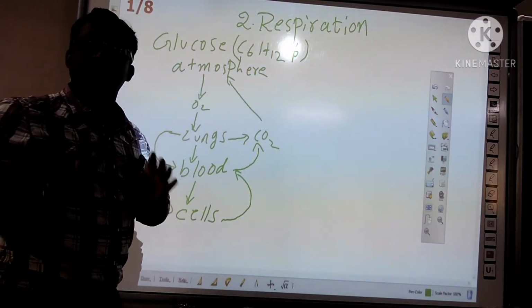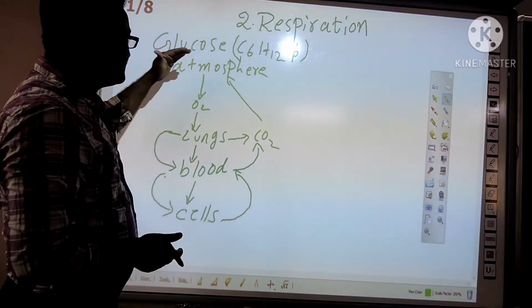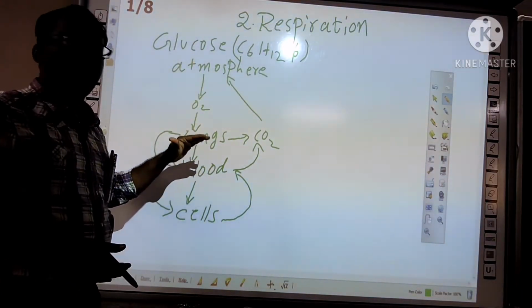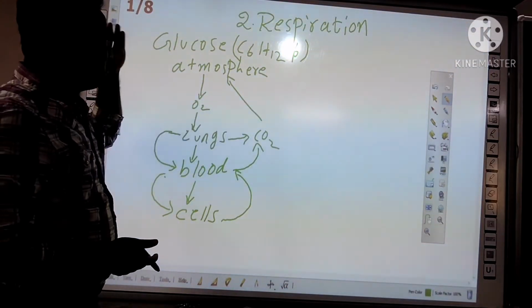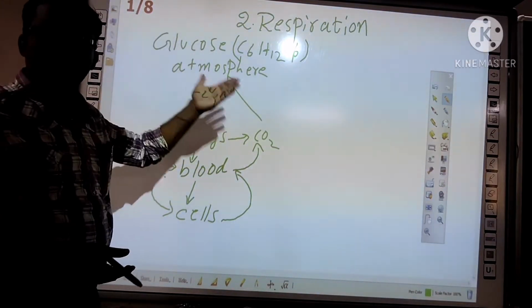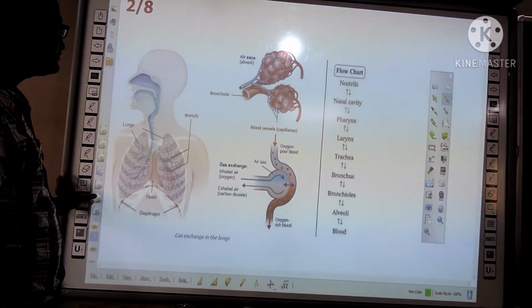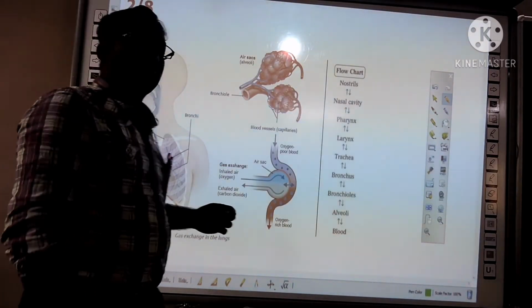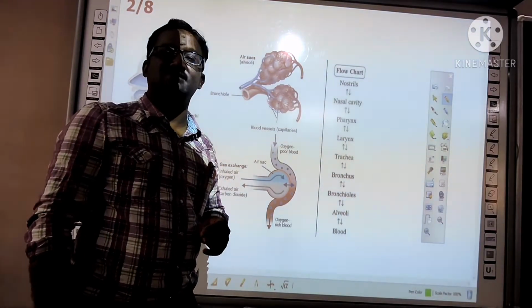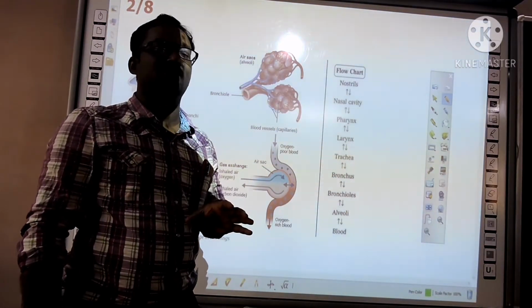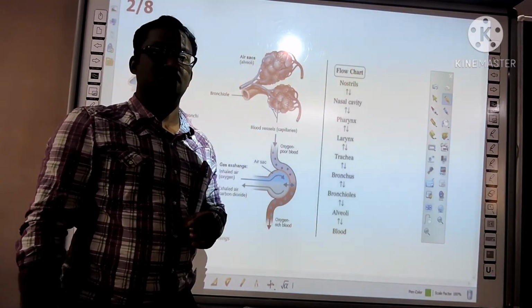First of all, let us see how air moves into the lungs and how carbon dioxide moves out of the lungs into the atmosphere. To know this pathway of air from the atmosphere into the lungs, you have to know what parts are involved in that process.